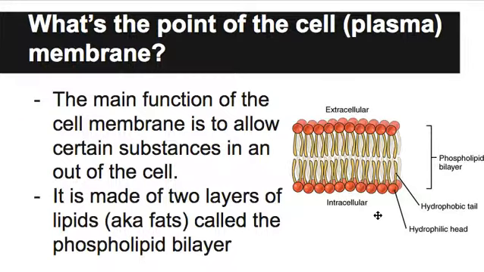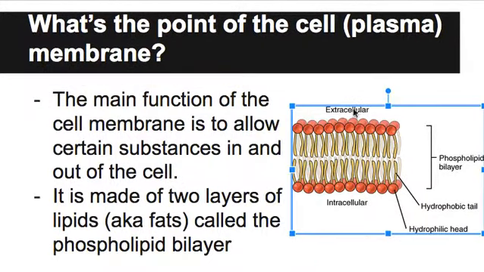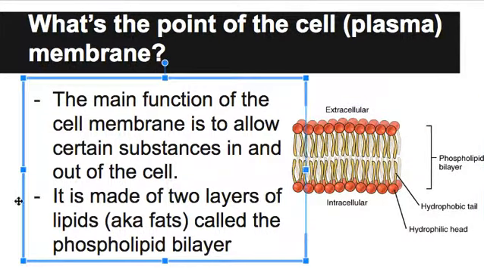It's actually made out of fats. So the main function of the cell membrane is to allow certain substances in and out of the cell. Some substances on the outside can get in, some substances on the inside can get out, but the cell membrane regulates that. It decides what gets in and gets out.